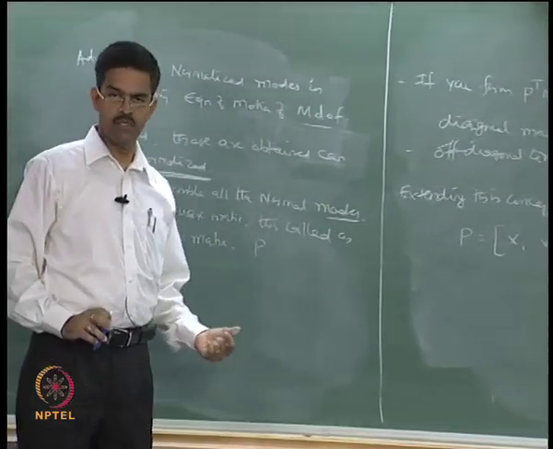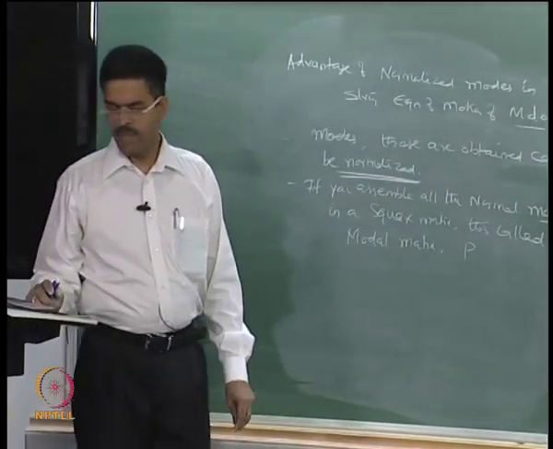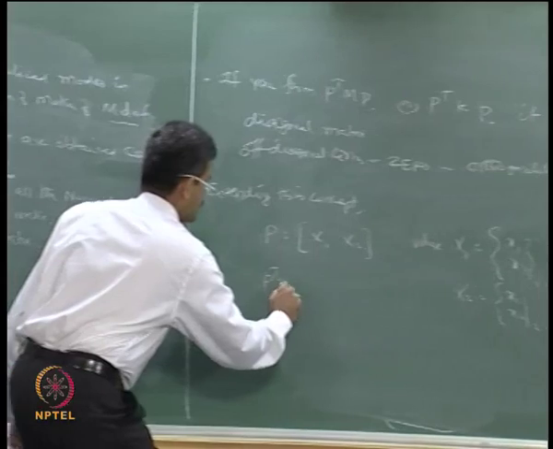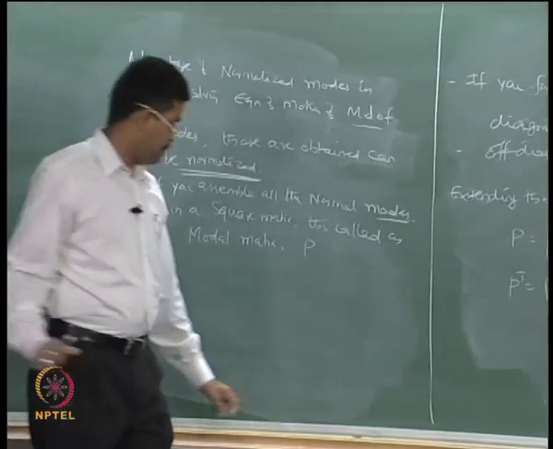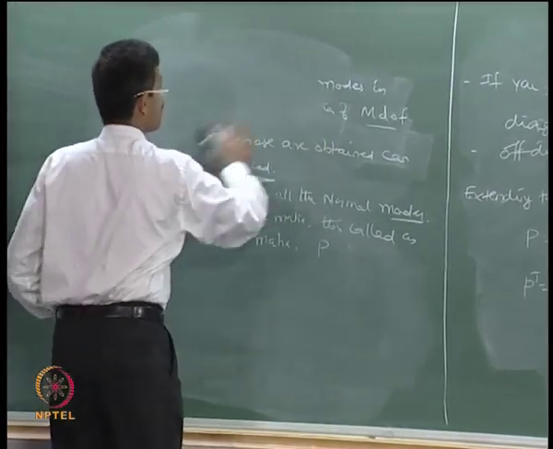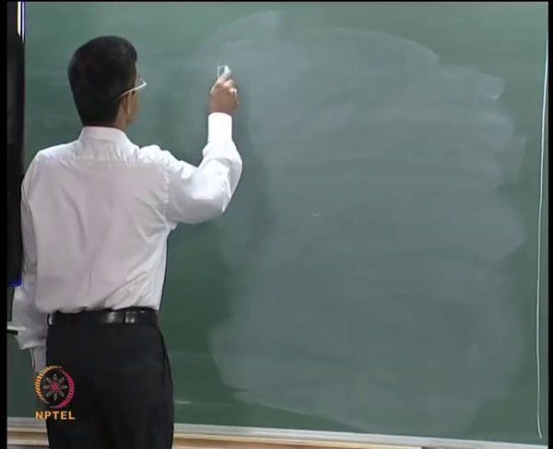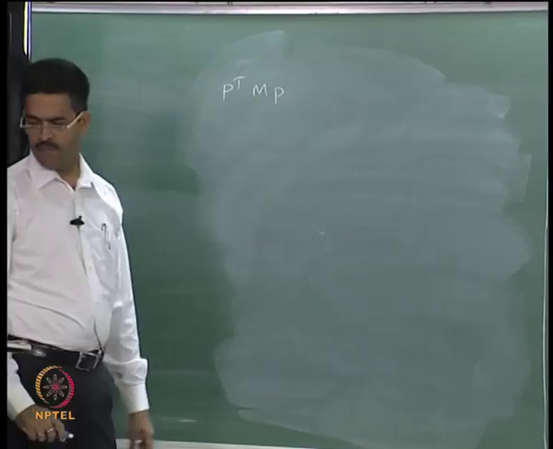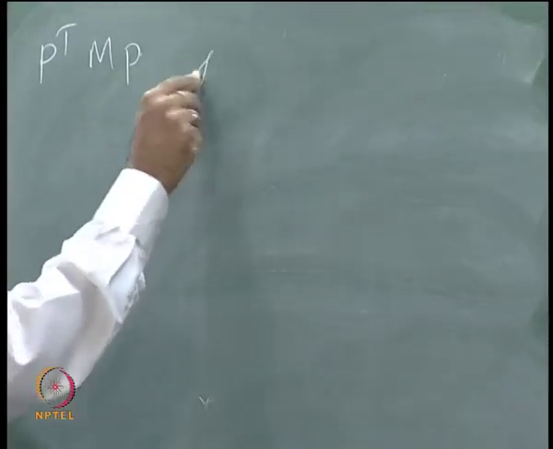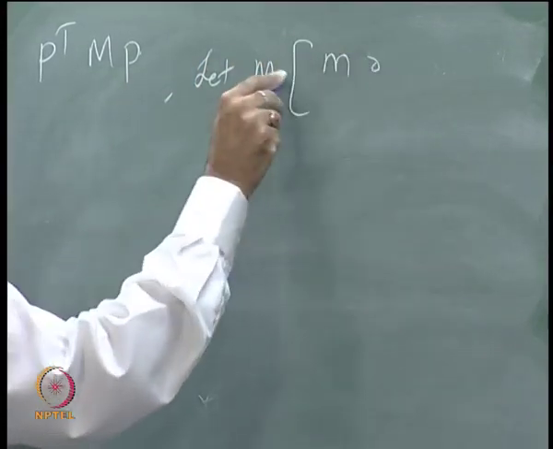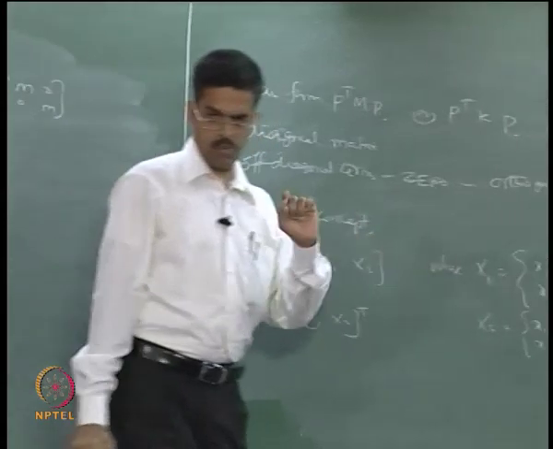Let us say P is a vector, I mean x are all vectors, but P is a square matrix now, and of course P transpose will obviously be x1 x2 transposed. If I say P transpose MP, will give me, let M be M 0 0 M, a diagonal matrix where the coordinates of measurements of x1 x2 are taken at the point where mass is lumped.